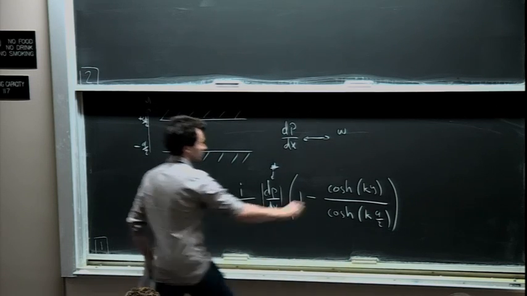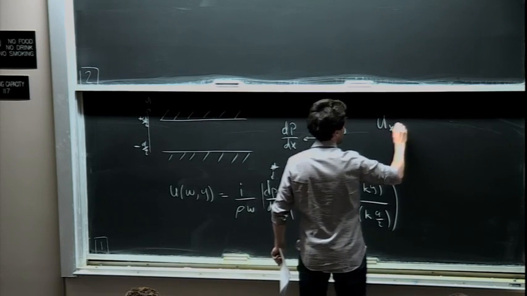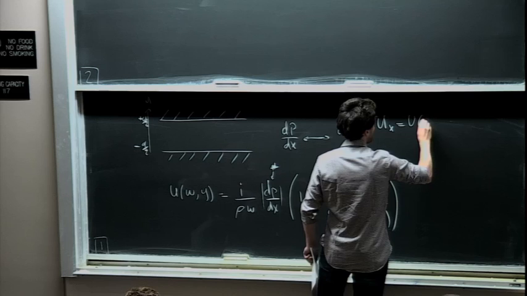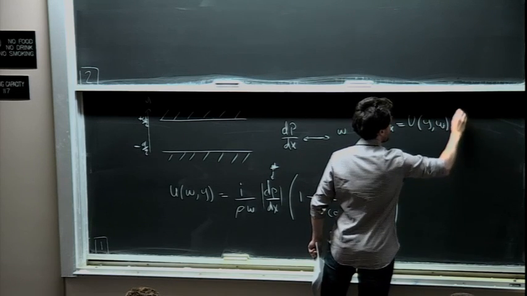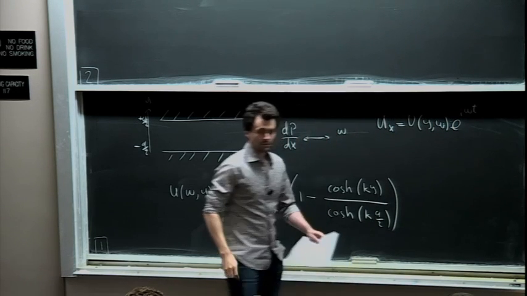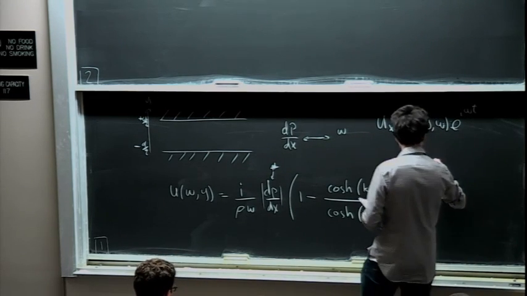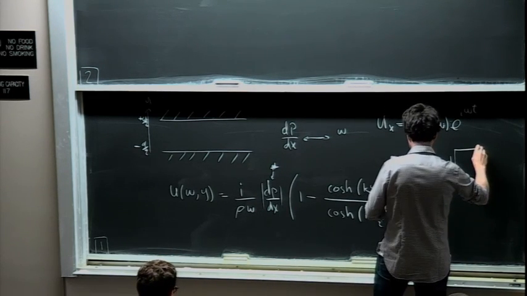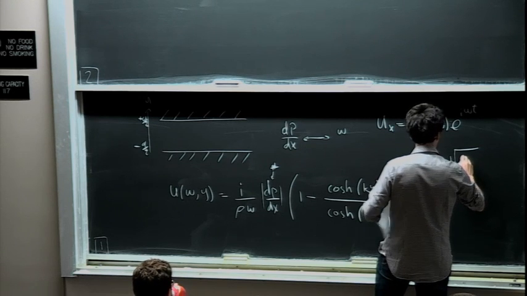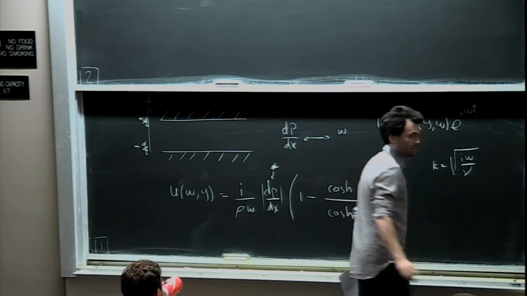Okay, and the full solution was u x is equal to u of y omega e to the i omega t. And of course k is equal to the square root of i omega over nu.